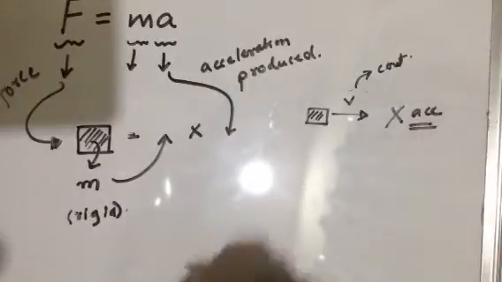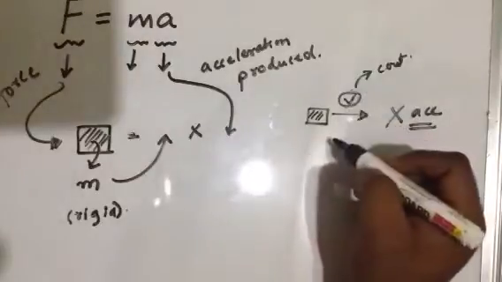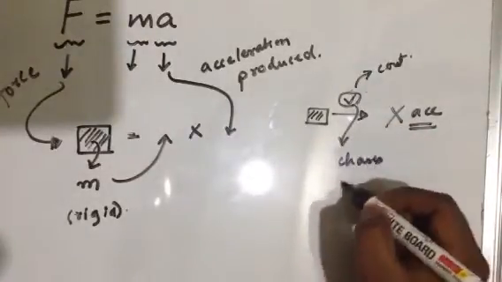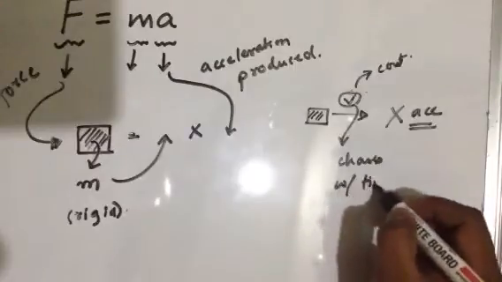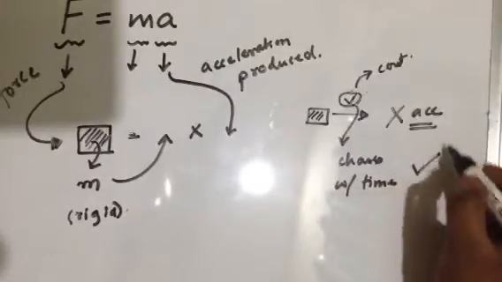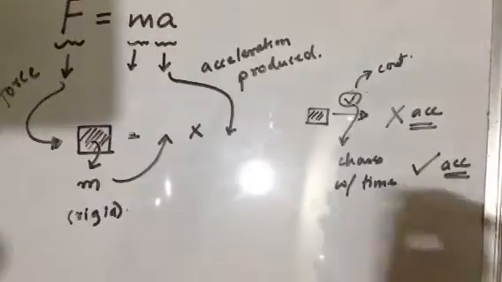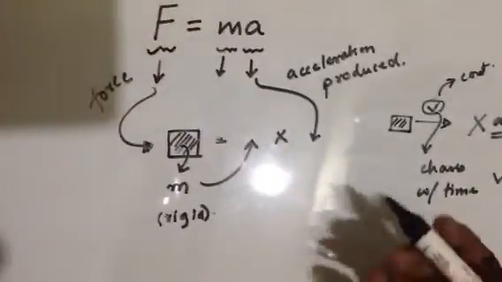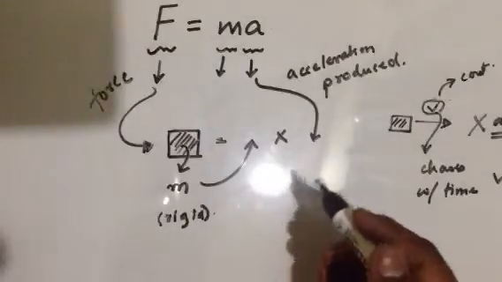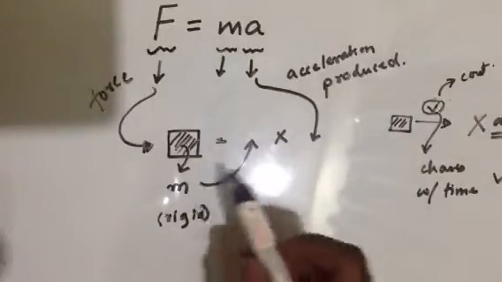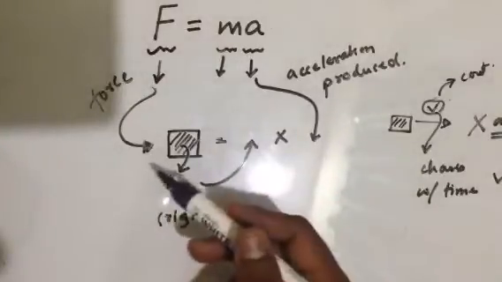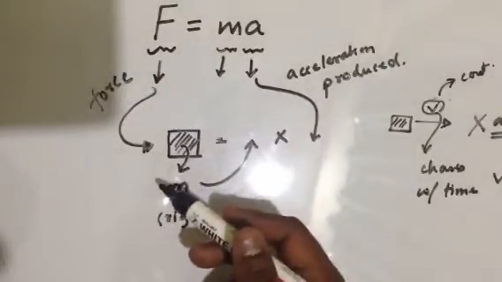It's not accelerated. If this v changes with time, then we say it is accelerated. So Newton's law states that in order for the velocity of a body to change, we need a force to do that. And that's all it says.